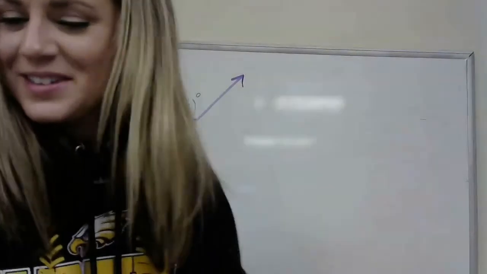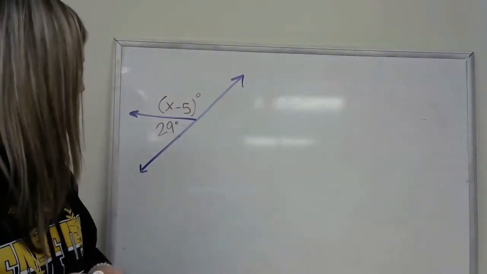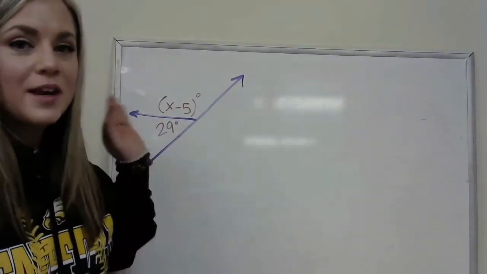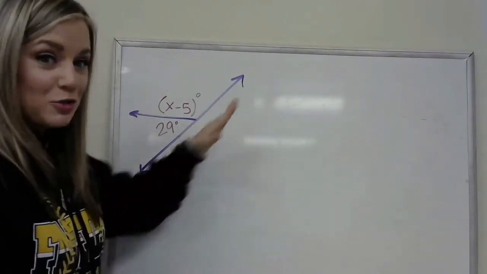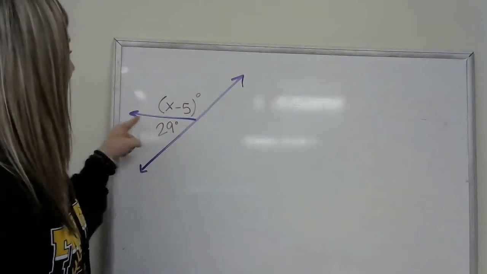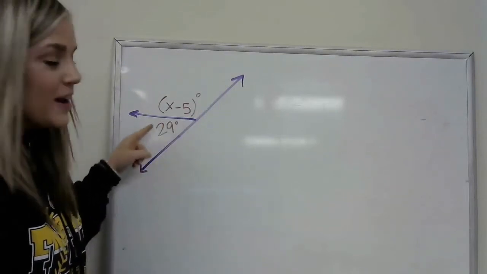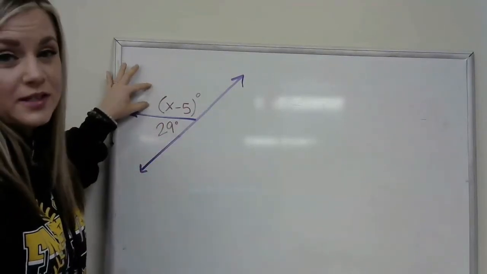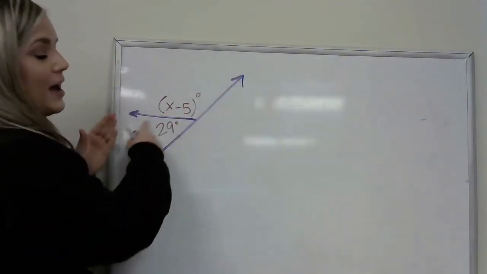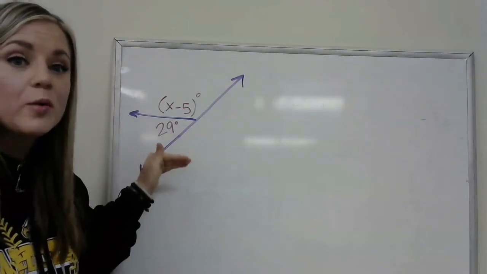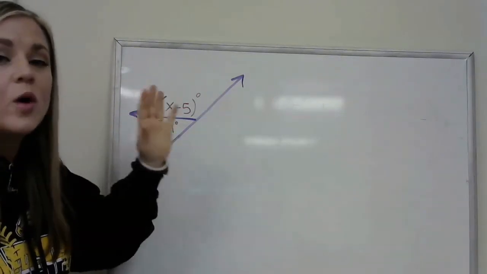All right, guys. So let's see. Next up, we have this straight angle right here, and we have 29 degrees here, and then we have x minus 5 degrees here. So whatever x is, minus 5, will give me the measure of this angle, and then we know this is 29. But what do we know about this straight angle?